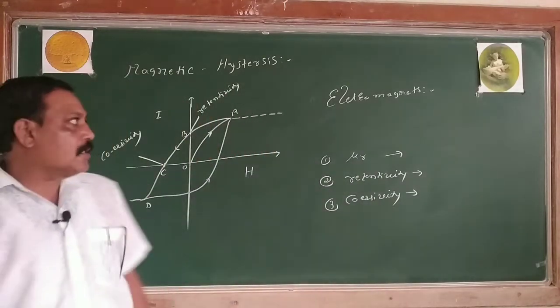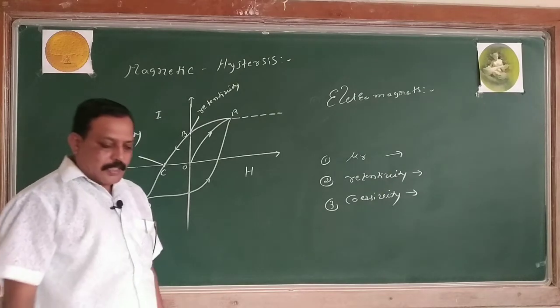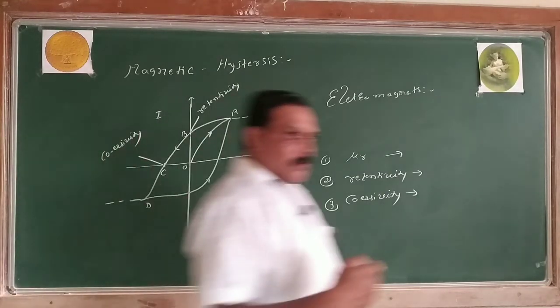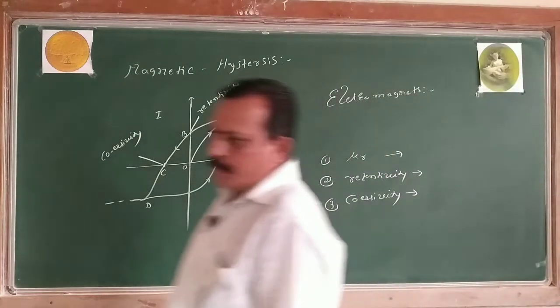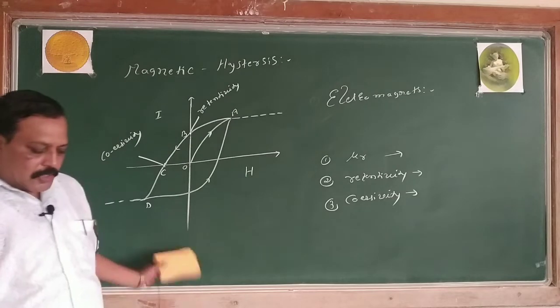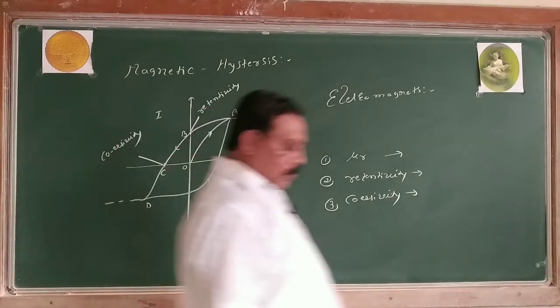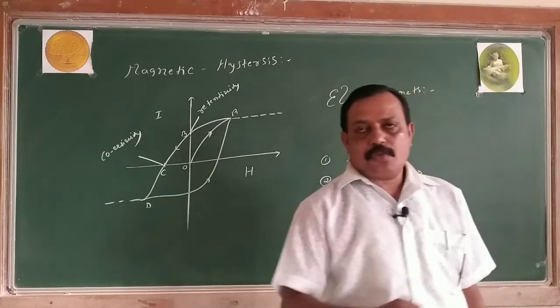Then such materials are going to be used as what? Electromagnets. The material used for making the electromagnet is a soft iron rod placed in the solenoid. As long as the current flows through the solenoid and they are placed inside its core, they act as a magnet.